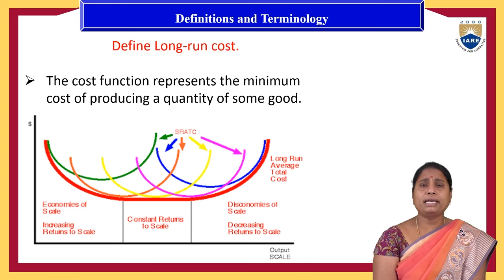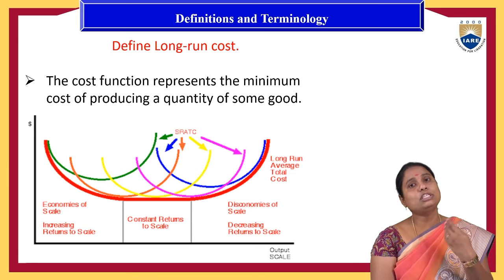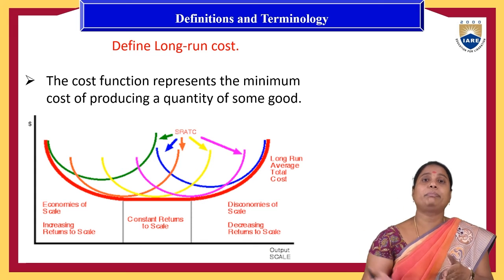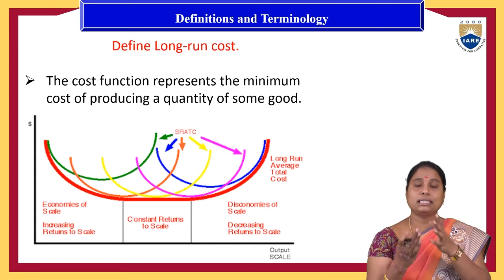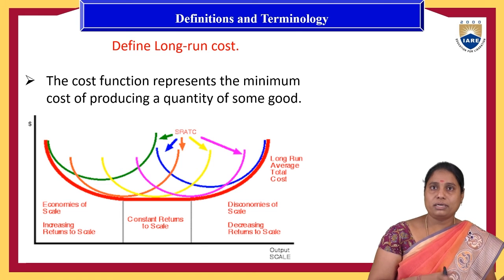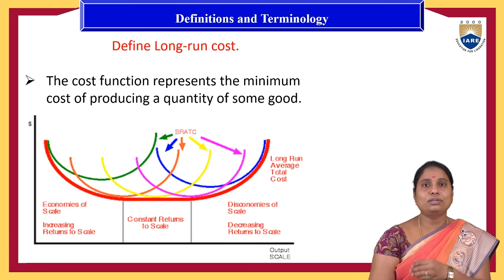Like, the same land they will use, but the level of output will change by increasing the labor, raw material, etc. If it is a long run, that is 2 to 3 years, again they'll focus on adding another plant, land, machineries, etc. So which means in the short run, more concentration is on the variable elements. If it is a long run, more concentration is on all kinds of elements.